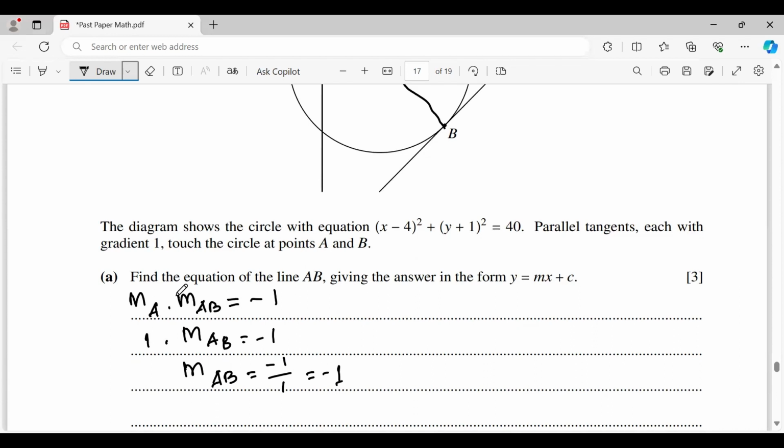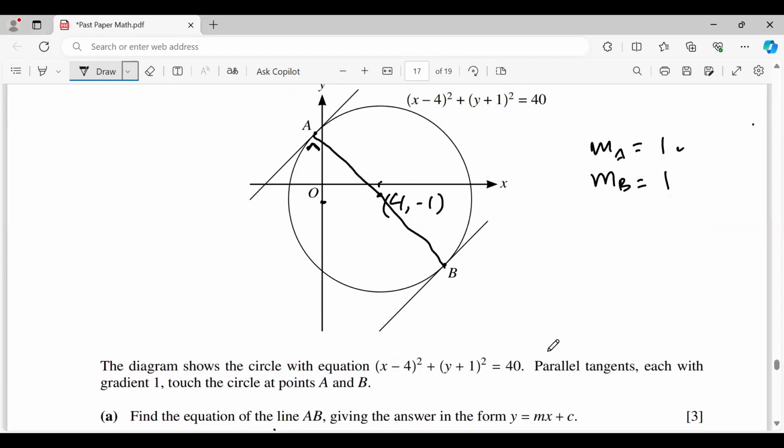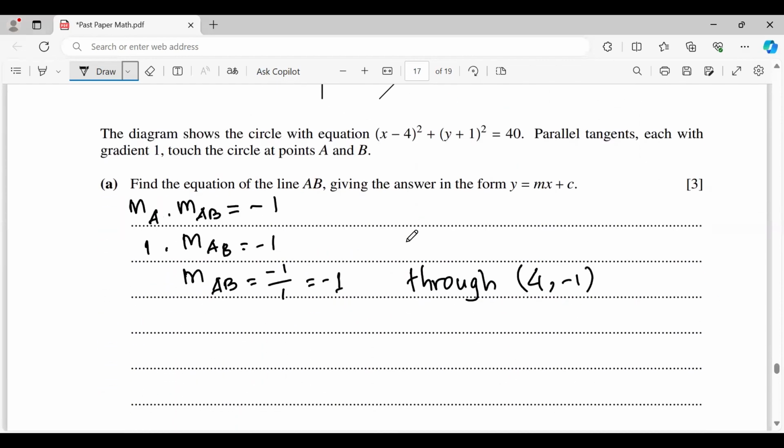Now this line goes through (4, -1), the center of this circle. So we can find the equation using y minus y1 equals m times x minus x1.